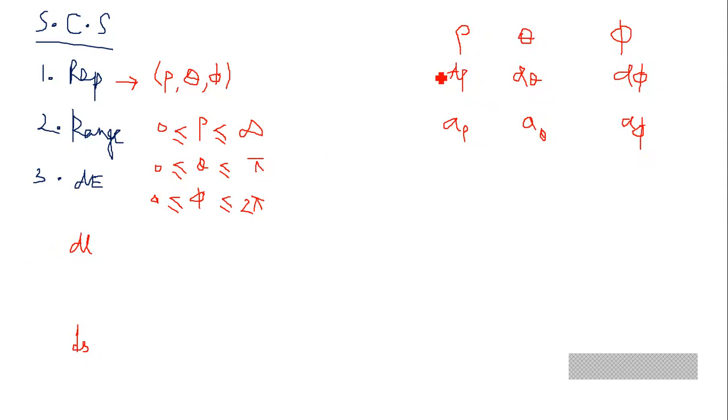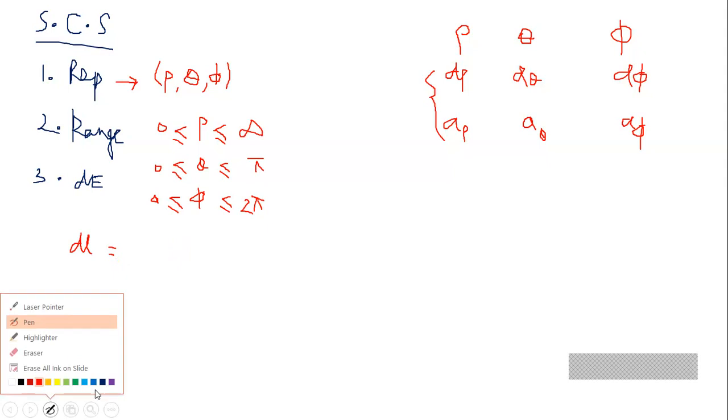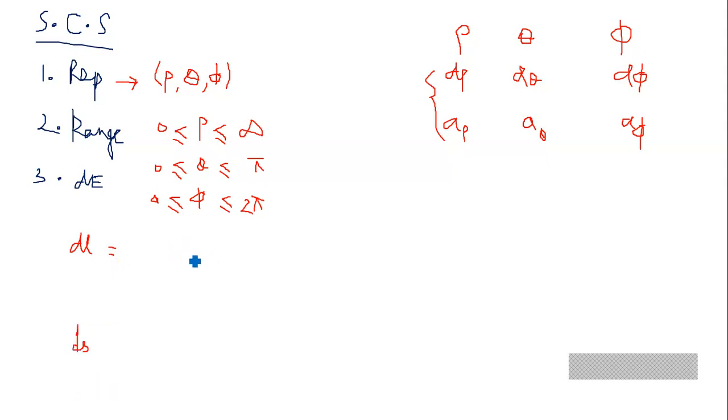Now I need to multiply these two terms and add them for the differential element. There is one small twist: what we saw in the cylindrical coordinate system is also applicable for the spherical coordinate system. Let me write the equation. What you need to do is multiply these two. d rho a rho is the first element.